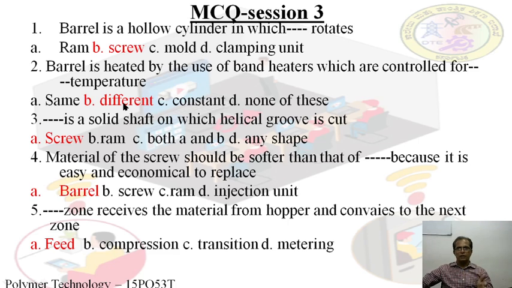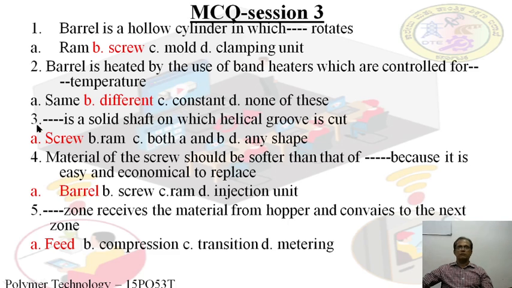Then in the middle zone, temperature must be maximum. And the exit end a little lesser than the middle zone. So here the answer to the second question is different temperature. Barrel is heated by use of band heaters which are controlled for different temperatures.